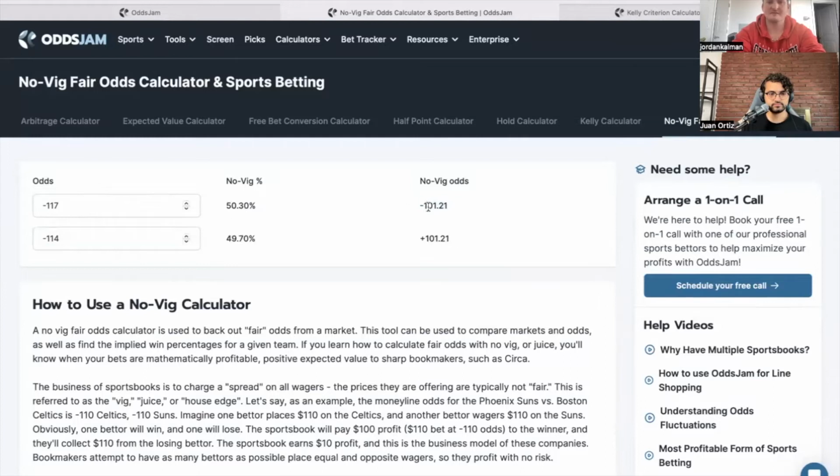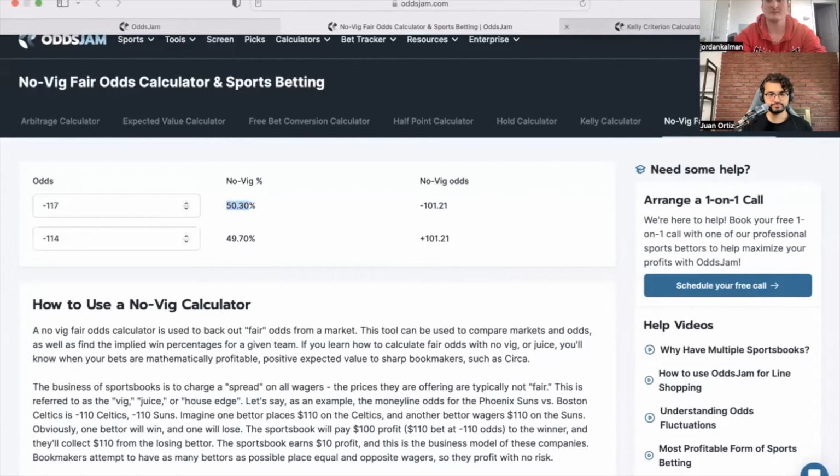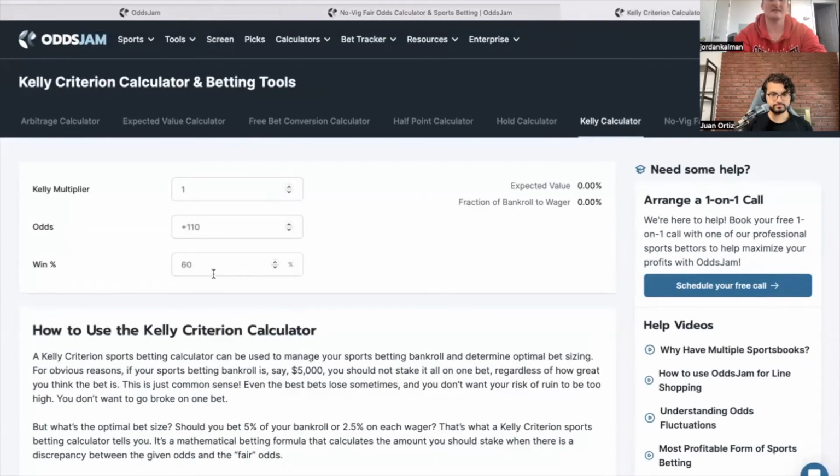See, there's a lot of vig that these sportsbooks take, especially on player props. These sportsbooks love when we take player props because they charge, it could be 8-9% vig. But by using this no-vig fair odds calculator, we're eliminating the vig. So now we're going to take the no-vig minus 117, because that's the side we're going to get it on, and we're going to put it into the Kelly calculator.